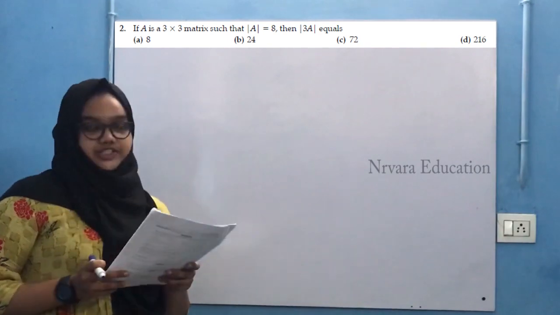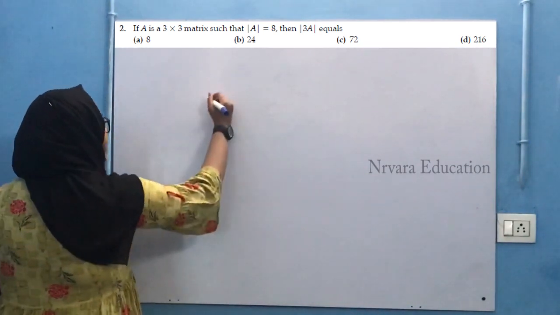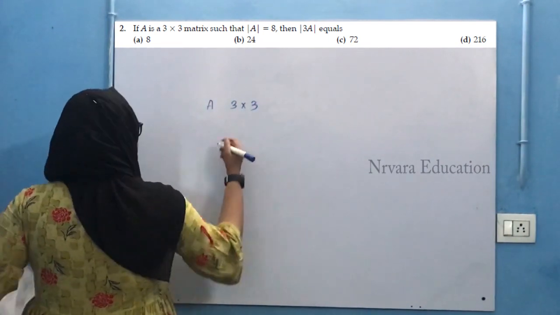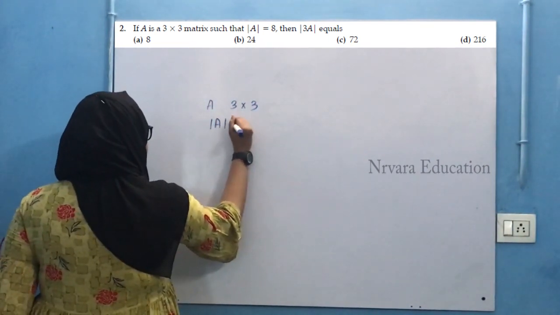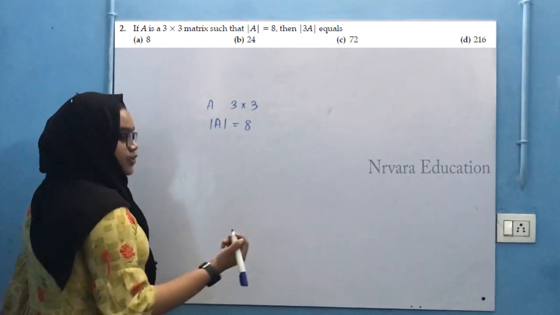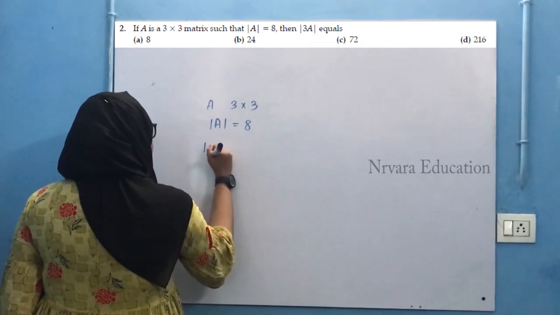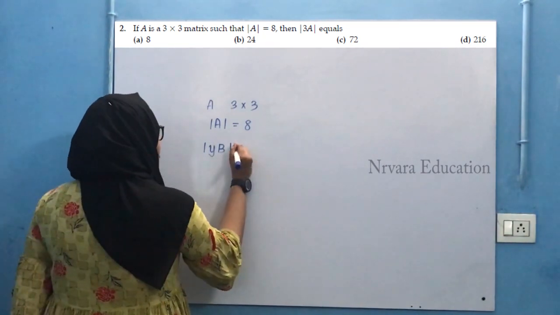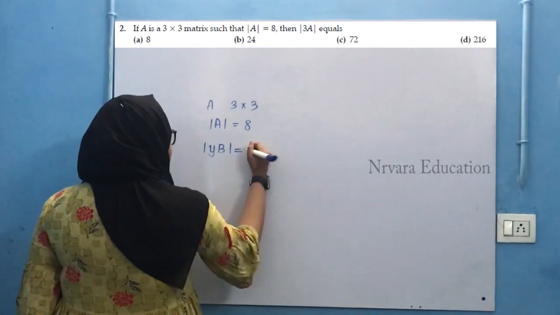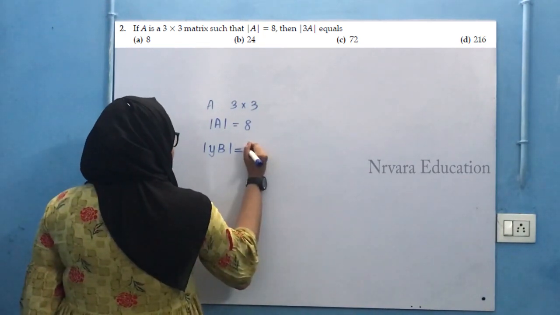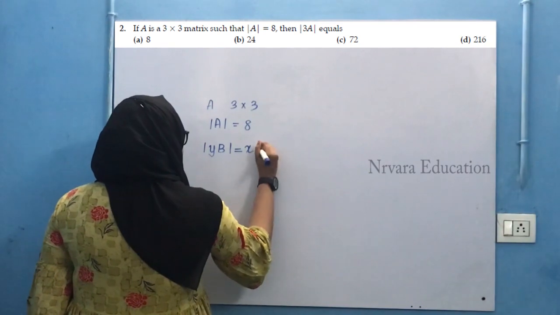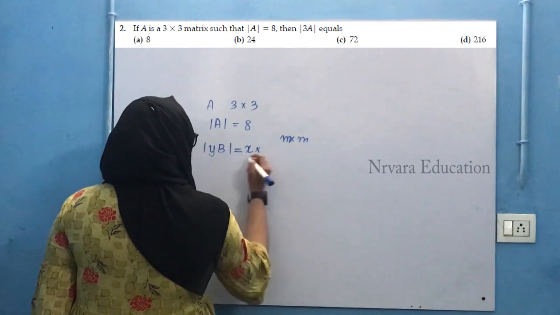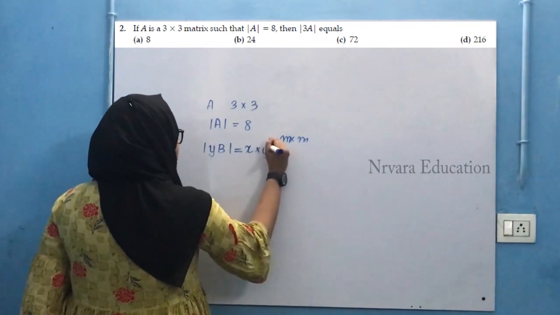So now we'll be doing question number 2. They've given us that A is a 3 by 3 matrix and the value of determinant of A is 8. So we do know that for any variable times a determinant, let's say y is a variable and the determinant is of order m cross m, then its value will be y raised to m times.